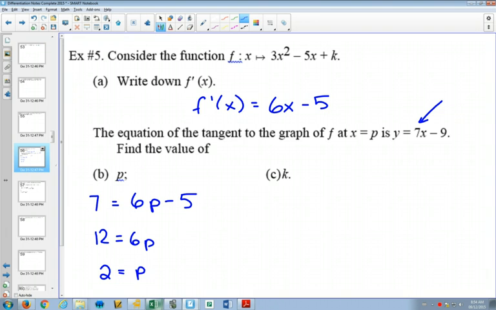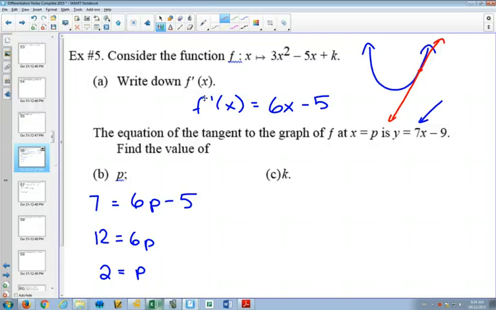Okay? Something that helps you figure out what's going on is always a picture, no matter how simple that picture is. Okay? So what we were given at the beginning is we have some parabola, 3x squared. It looks like this. We've got a point somewhere on the parabola.